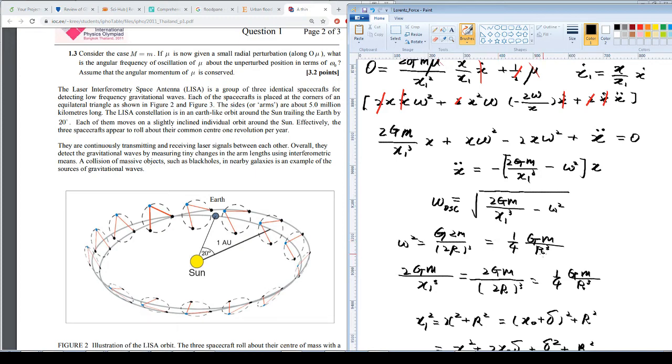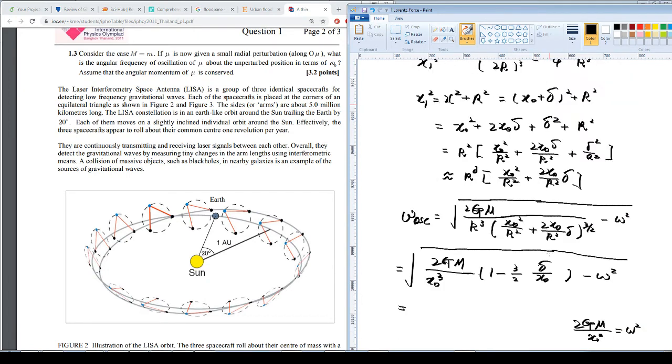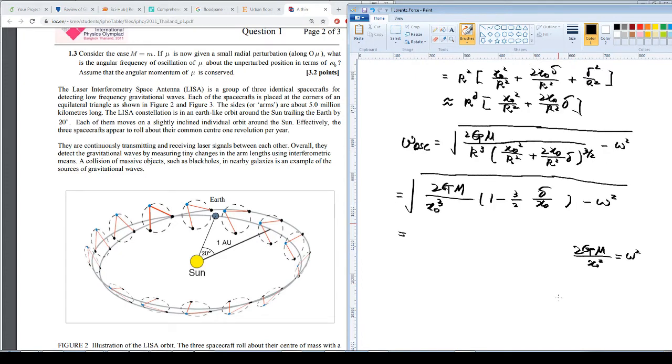Oh wait, it's not. Sorry, it's not, because x naught is only root 3 r. So we need to do this: 2gm over x naught cubed is 2gm over root 3 r squared cubed.